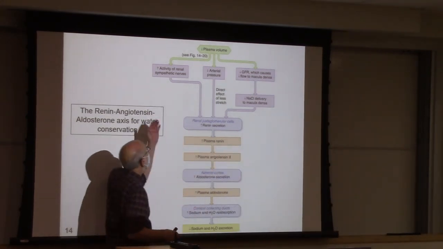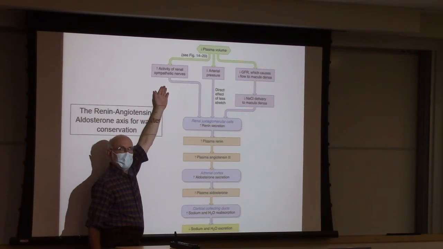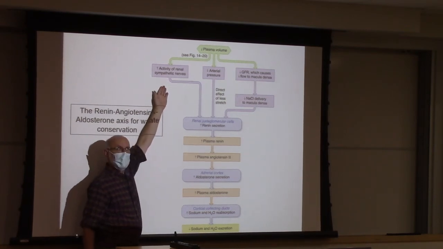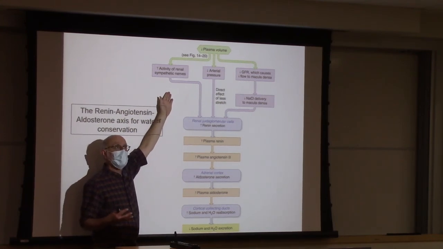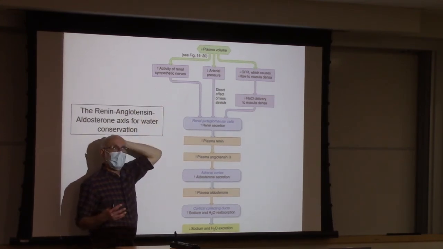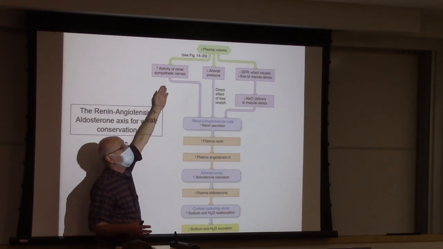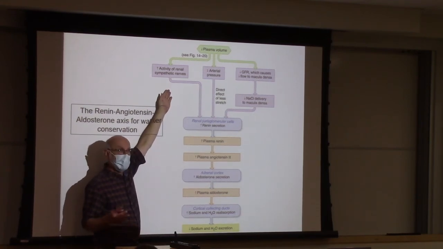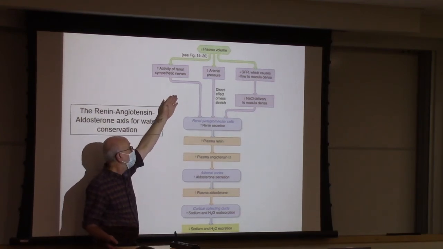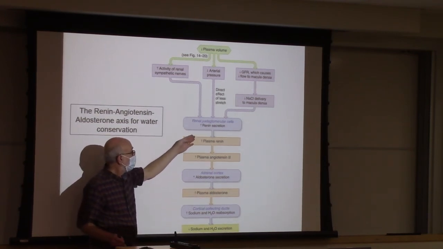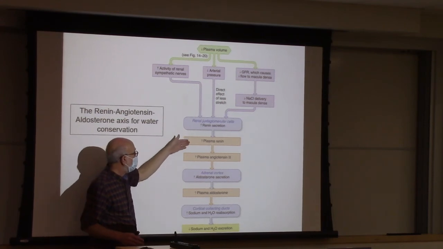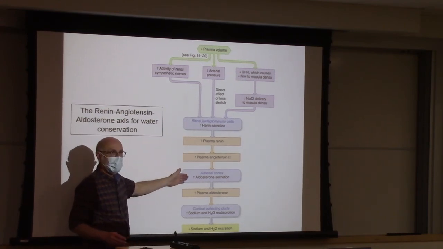So let's start with the sympathetic nervous system because it's kind of simple. Low blood volume is detected by the hypothalamus, which tells the sympathetic nervous system to release its hormones, norepinephrine and epinephrine. They trigger the release of renin. Now here's the renin story. Renin, angiotensin, aldosterone.